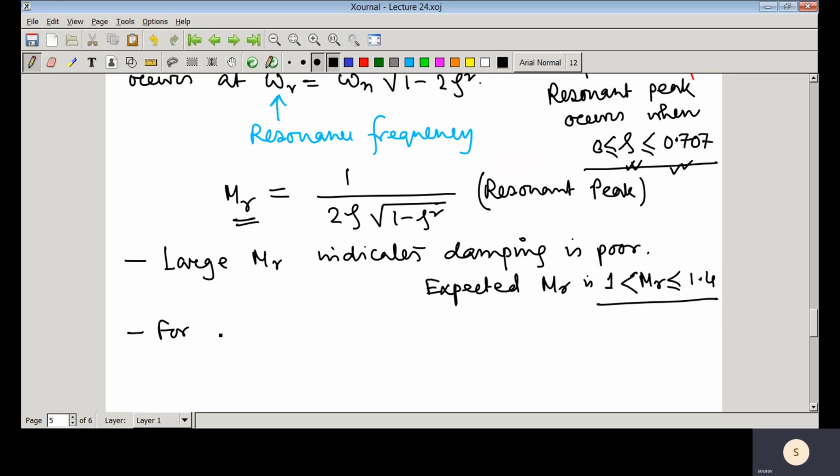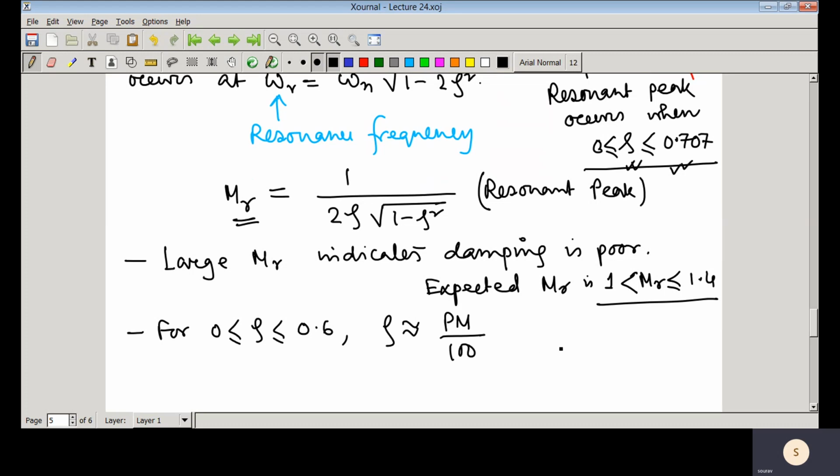And there is one interesting relationship. Whenever zeta is between 0 and 0.6, then zeta is approximately equal to the phase margin divided by 100. Whenever we will be designing a closed loop system, this information is very essential as well as very important.